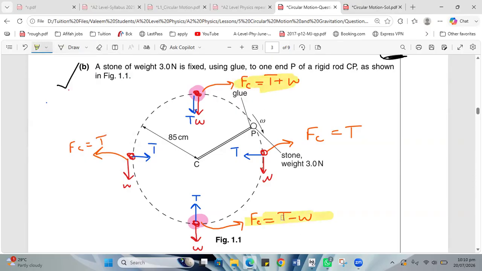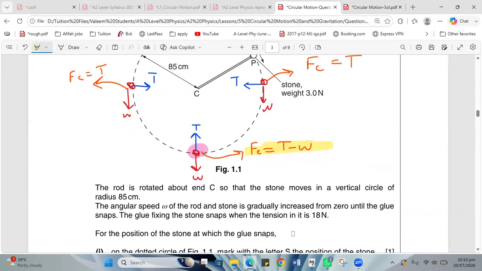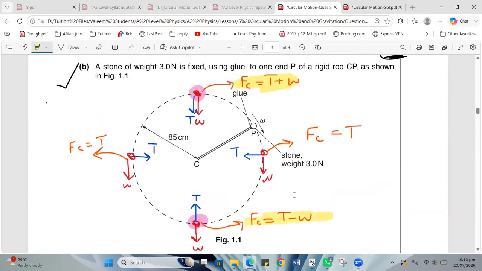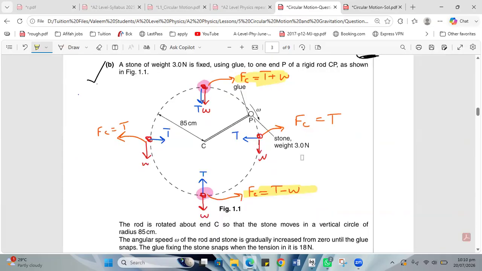So I'm going to focus on these two. What were we trying to find? We were trying to find the position at which the glue snaps. The glue is most likely going to snap where the tension between the rod and the stone is maximum, and the glue is no longer able to hold both of them together.